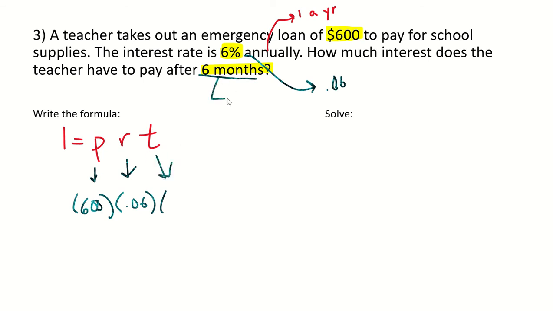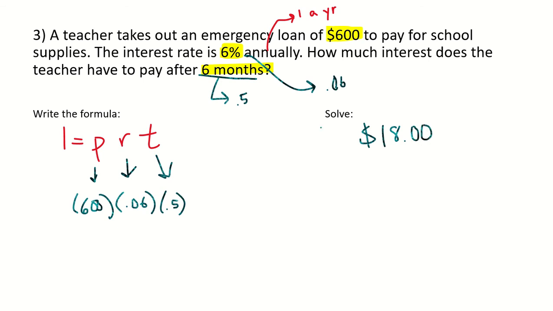And so this 6 months needs to be changed to, what would that be as a year? That would be half of a year. So 0.5 is how we're going to represent time in this case. And then you solve, multiply straight across, and your answer is going to be $18.